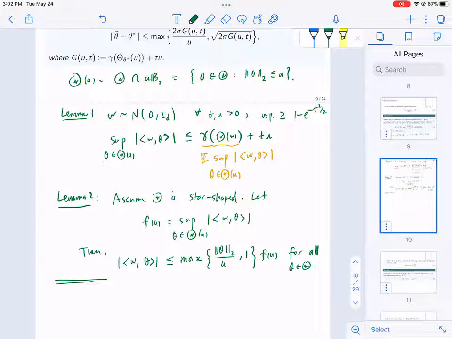So why is the first one true? Any idea? It's like a sub-Gaussian bound. This supremum is sub-Gaussian essentially, one side of the sub-Gaussian. But why is that supremum sub-Gaussian? W is a standard Gaussian vector.